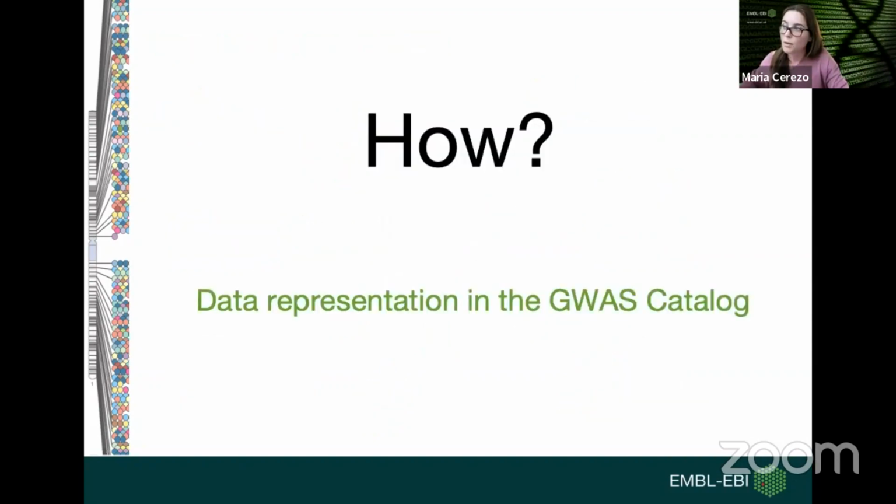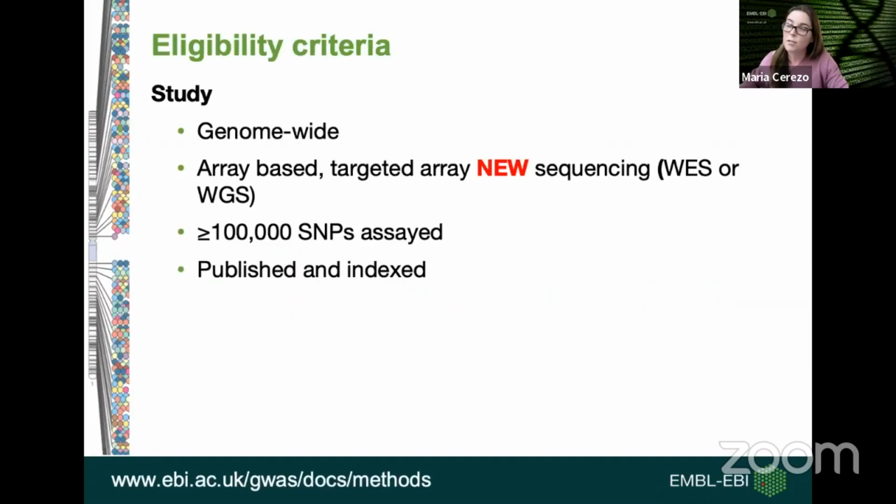So the next point is how we focus on the associations. First, we need to decide if a study is eligible to be included in the catalog. To ensure consistency, we follow strict criteria. The study needs to be genome-wide.